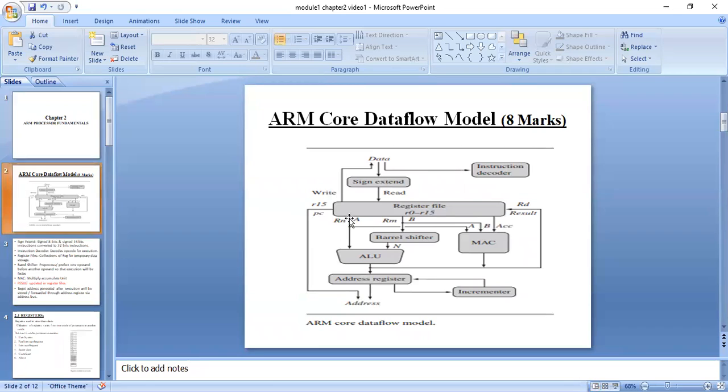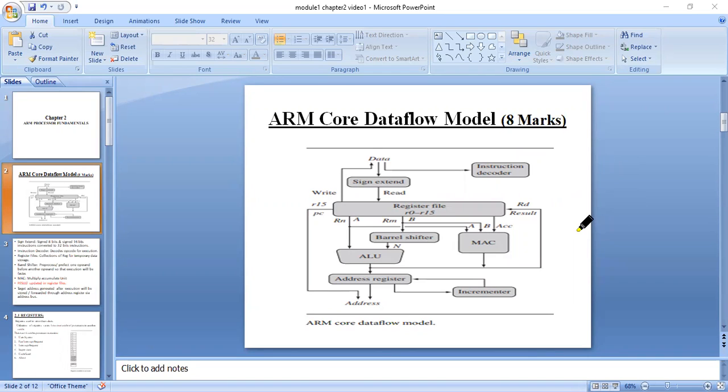See here, there are two instructions, two operands. First operand is 5, second operand is minus 2. So minus 2 is converted into 32 bit. Hence, this is also converted into 32 bits.